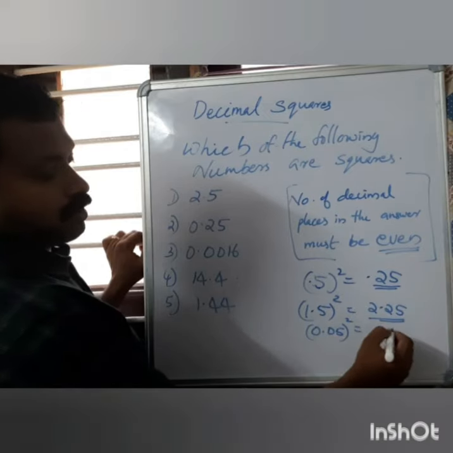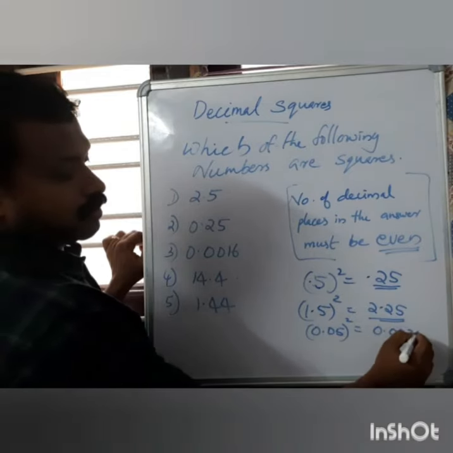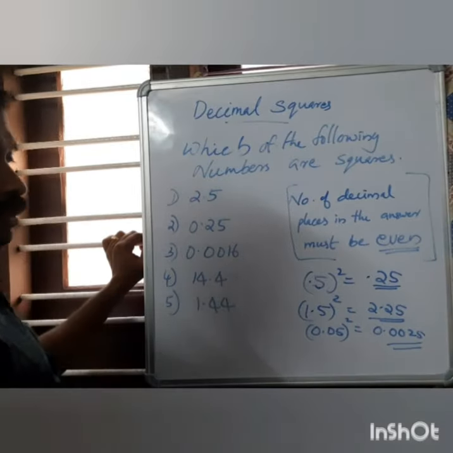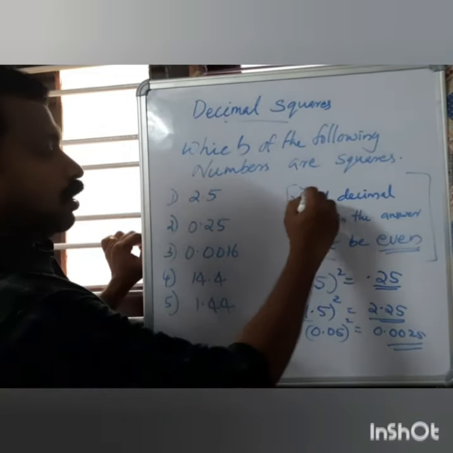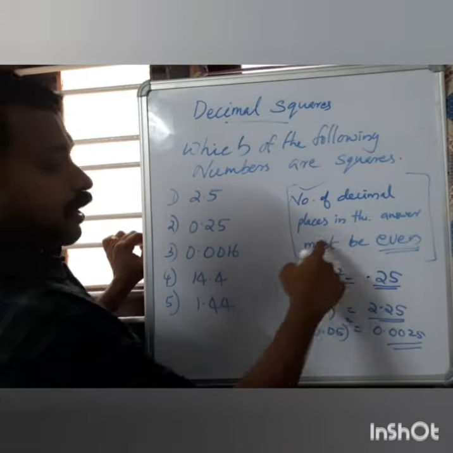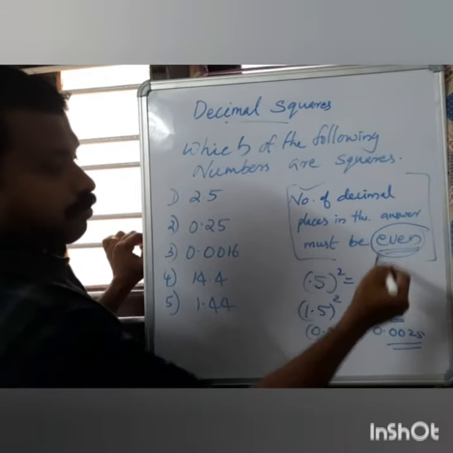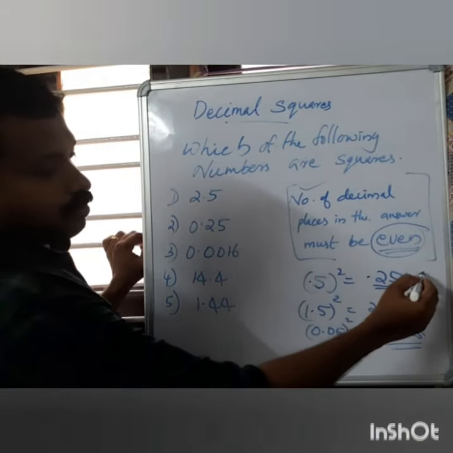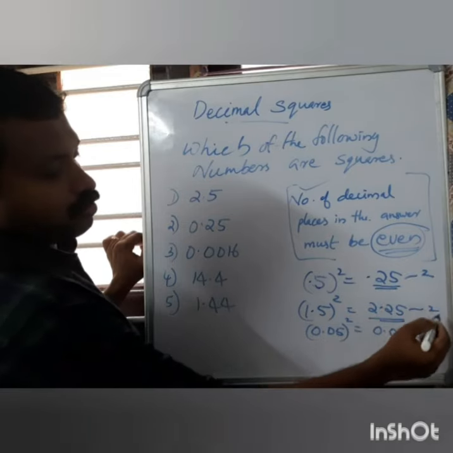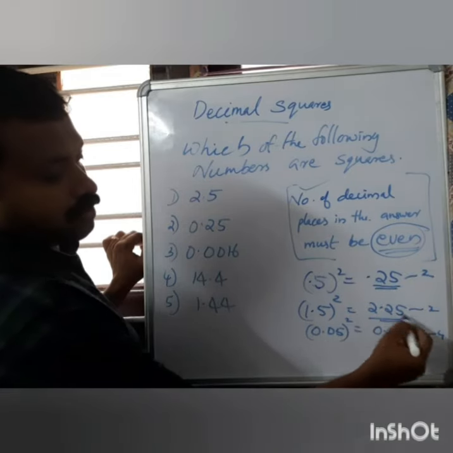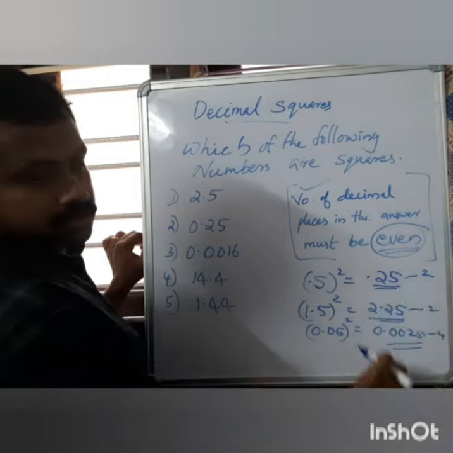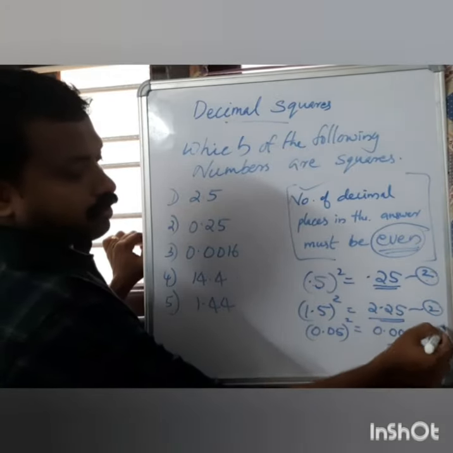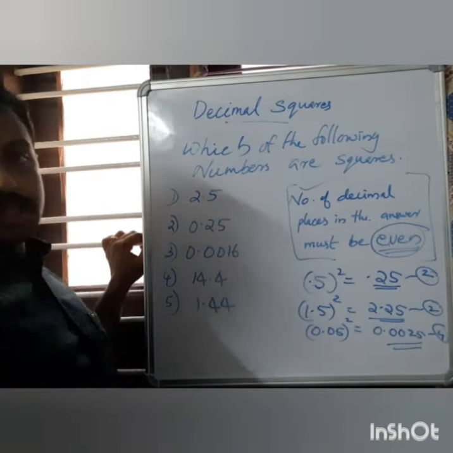Here two decimals, in the answer there should be four decimal places. So this is the common thing. The number of decimal places in the answer must be an even number. Here 2, here also 2. Here there should be 4 decimals, here 2 decimals. So these are always an even number.